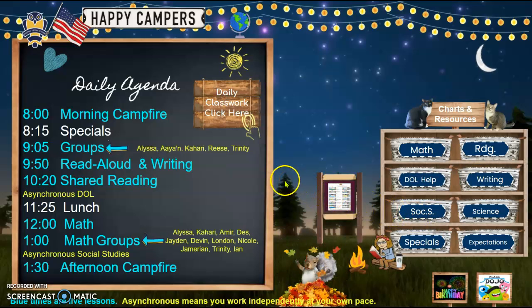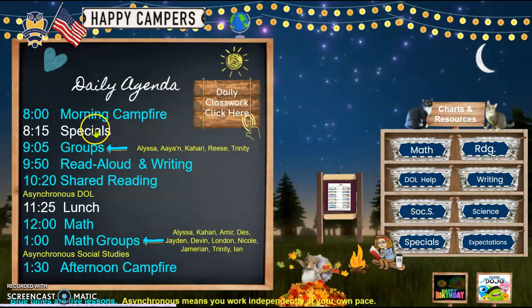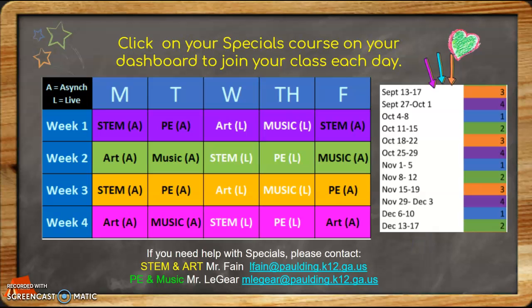But when you're looking for specials specifically, you can click here on the word specials, or you can click this basket for specials. Now, this does not take you to their special course. What it does take you to is a chart where you can see what day of the week we have a particular special, and you can look over here to find out what week we're on. We're on week 13 through 17 of September, which is week 3, and this would be Friday, so PE asynchronous.